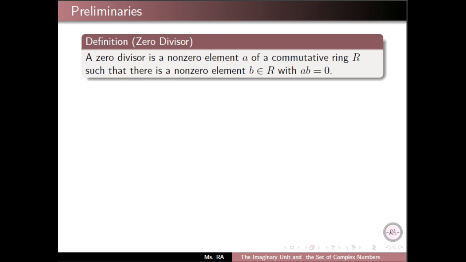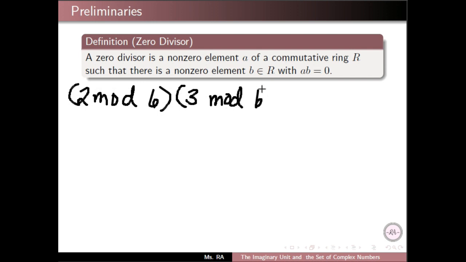One such example of a zero divisor is this. Consider 2 mod 6, which is non-zero, and 3 mod 6, which is non-zero. Take note that when you take the product of these two non-zero elements of a certain set, their product is going to be 6 mod 6. And take note that if we have 6 and we divide it by 6, we get a remainder of 0.